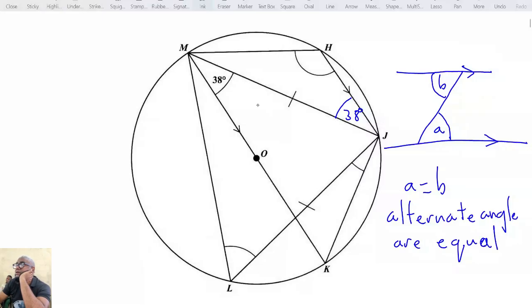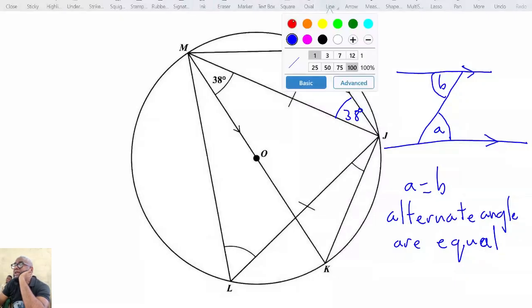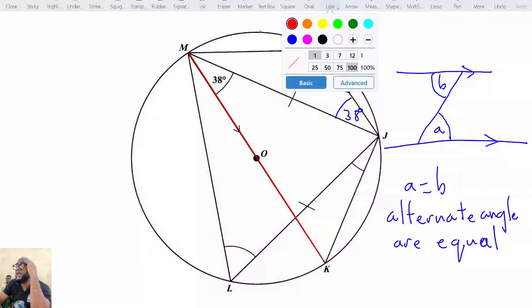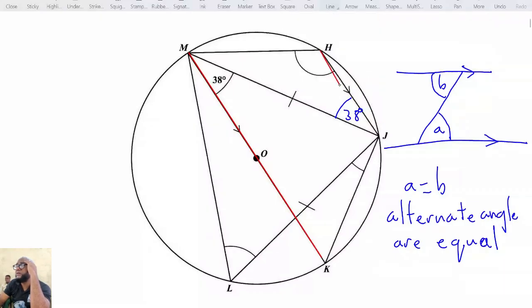So let me highlight the parallel line in red. You see this line here? That's one parallel line. This is where you have to decipher. This is your brain. Then let's put our next parallel line here. You see the arrows on the lines? These are the parallel lines.